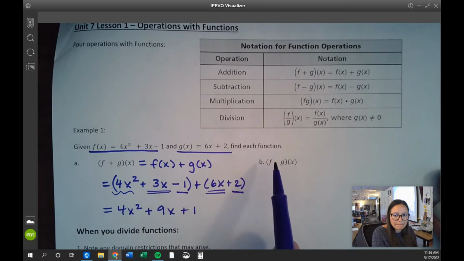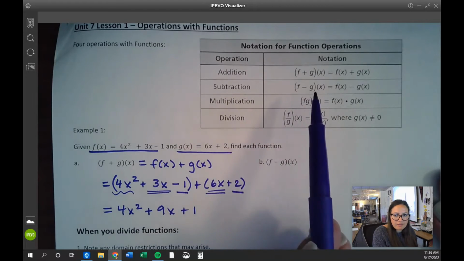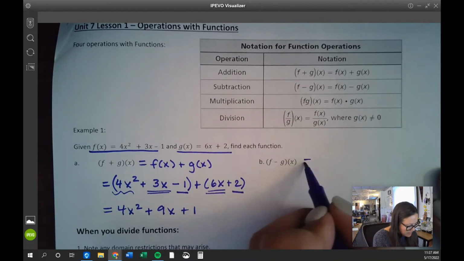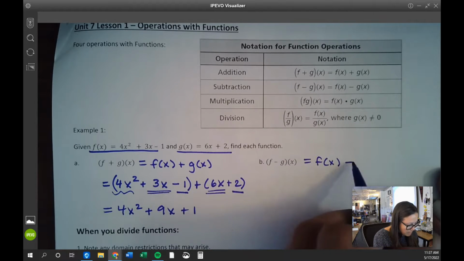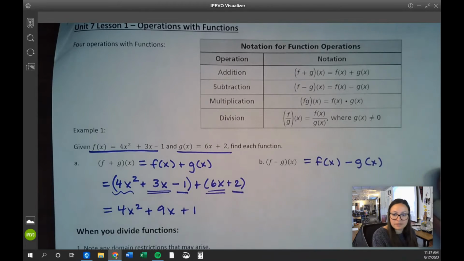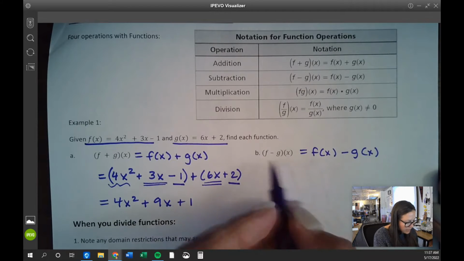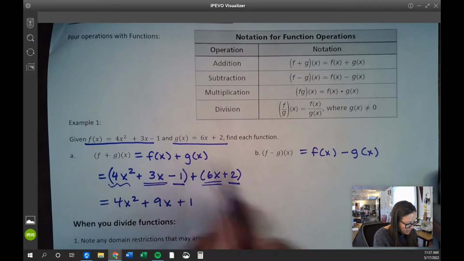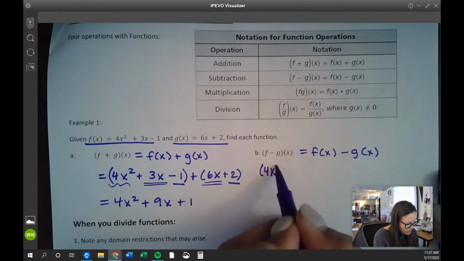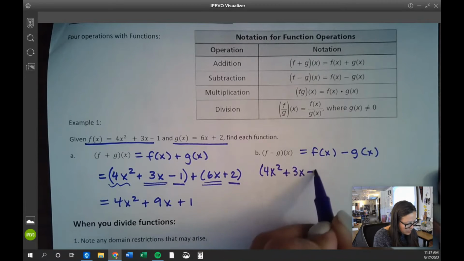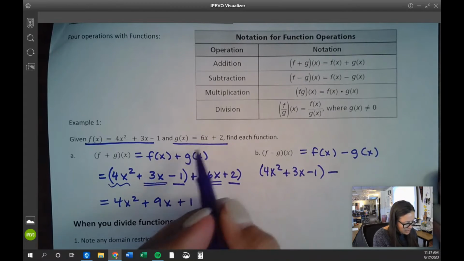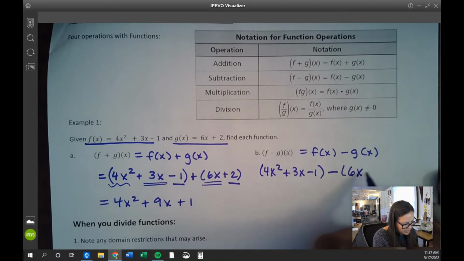Now for part B, I have f minus g of x. f minus g of x just means I do f of x minus g of x. So I'm going to take f of x, which is 4x squared plus 3x minus 1, minus g of x.